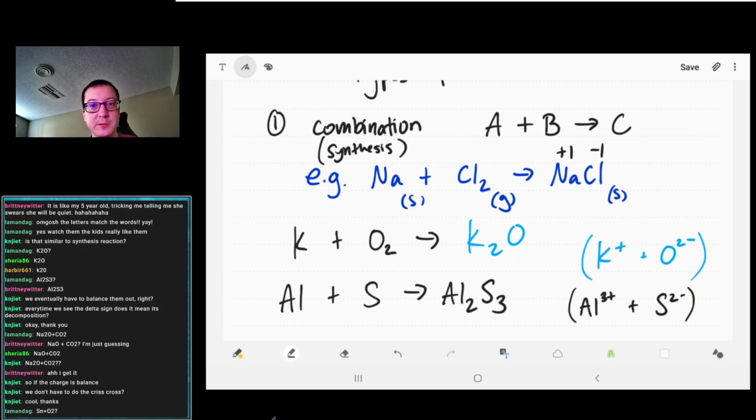You should be able to come up with the products. You should also be able to understand that if we're just putting two things together and making a third thing, it's going to be a combination reaction, without having to know what the products are.